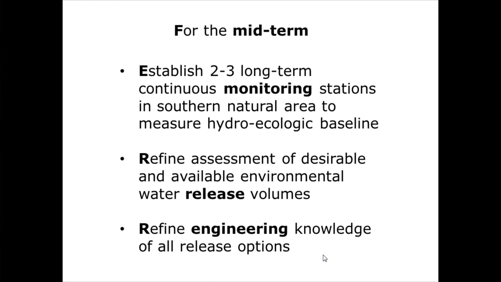This will put us on the path of being able to define those ecological targets and thresholds and target conditions that we're interested in. Number 2 is refine our assessment of the desirable and available environmental water release volumes.